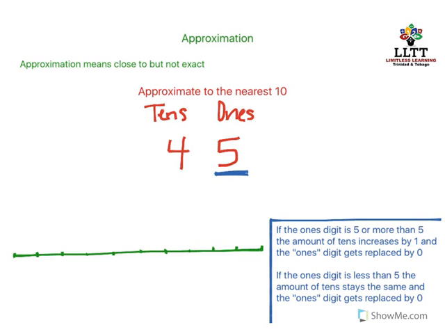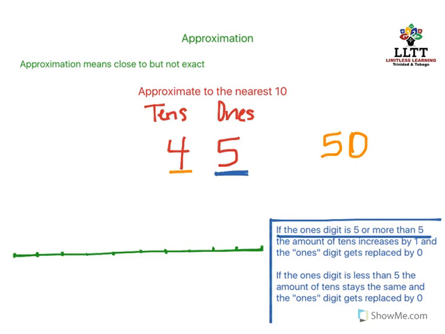So if the ones digit is 5 or more, then the amount of tens increases by 1. The amount of tens that we have here is 4. So 4 plus 1 is going to be 5. And then we replace the digit under ones with a 0. So 45 to the nearest 10 is going to be 50.